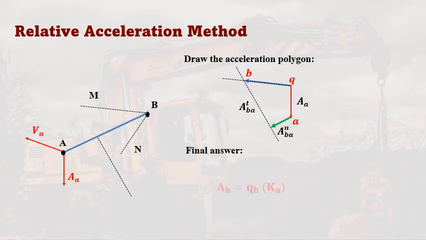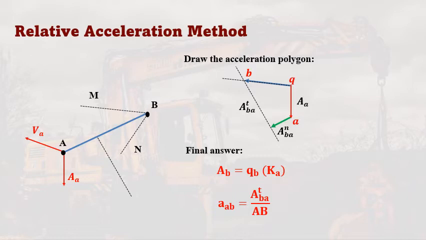So for the question, the final answer would be the acceleration of B would be the measurement of QB multiplied by the acceleration scale. On the other hand, the angular acceleration of the link AB, so this link AB here, its angular acceleration is the acceleration of B relative to A tangential divided by the length of that particular link, which is AB.